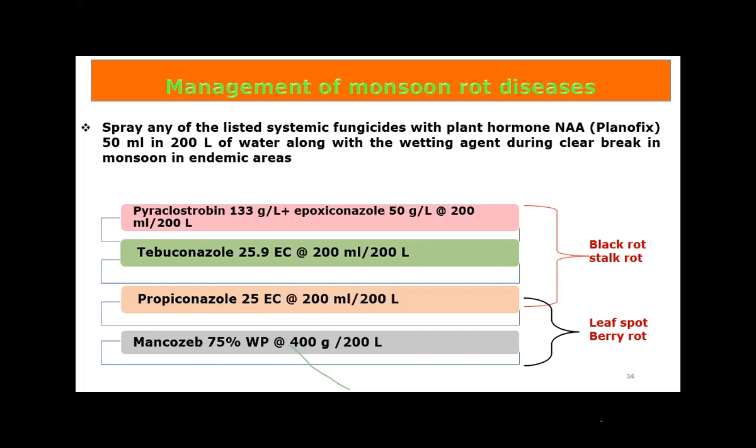All these three systemic fungicides, you can take 200 ml per barrel to manage black rot diseases. And mancozeb, especially for Myrothecium, you can use as the last fungicide, at the rate of 400 grams per barrel.